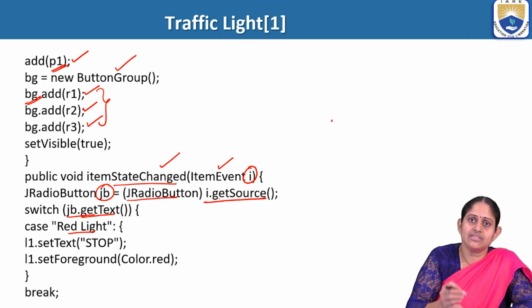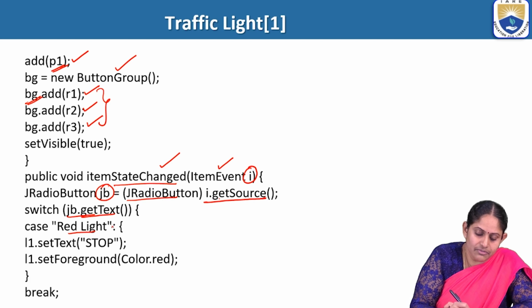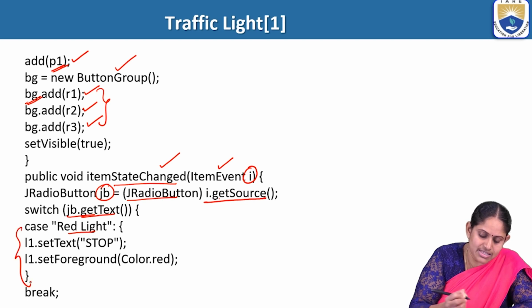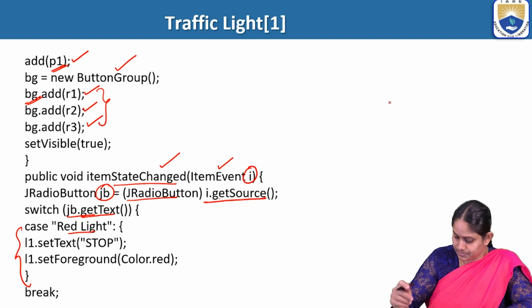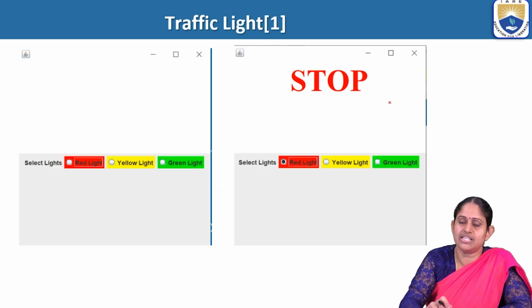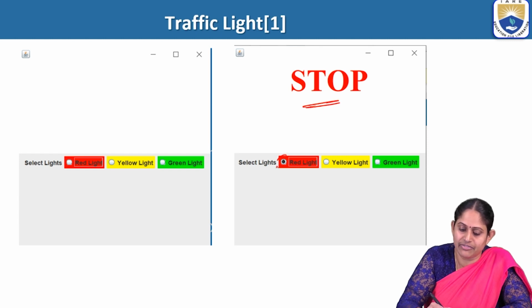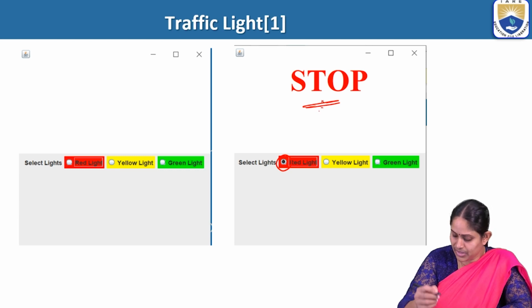So in case we had pressed the red light, this case will be executed. When we press the red light, the message stop must be displayed. When the red light is clicked, we have to display the stop message on the output.